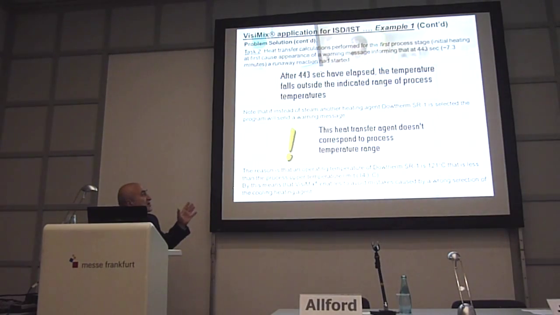The second task is the simulation of the first stage, the initial start. It will inform us that after 7.3 minutes we will have a runaway reaction.